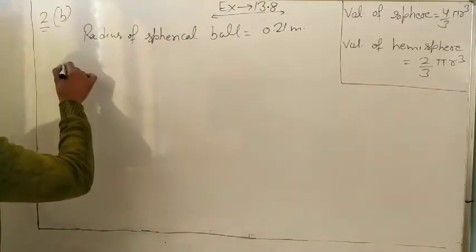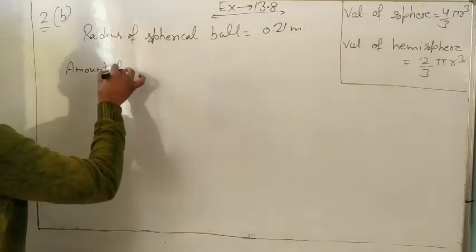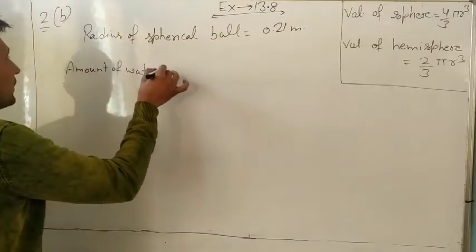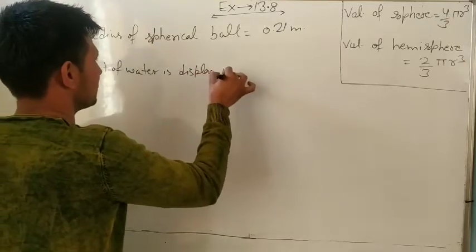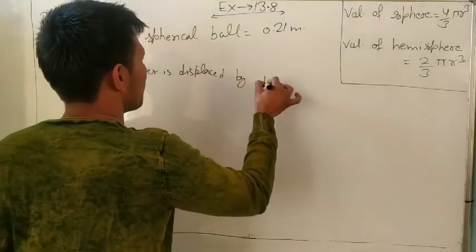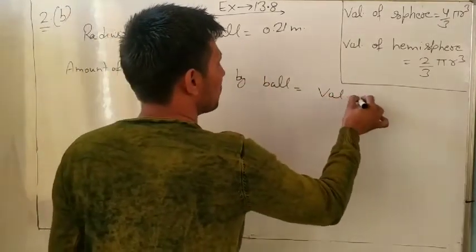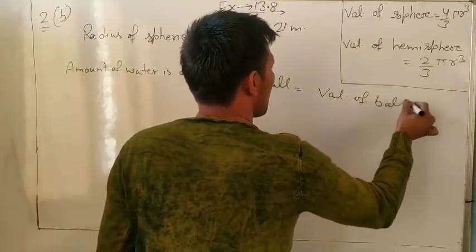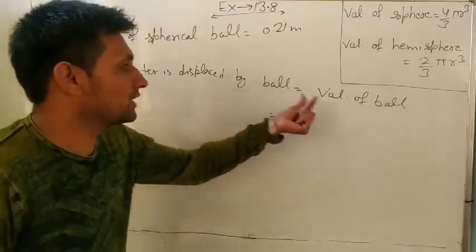So write: amount of water displaced by ball is equal to the volume of ball. Always write how much water is displaced. So what is the volume of the ball?